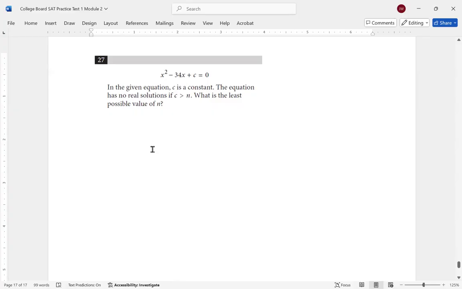Now, no real solutions. There's a number of ways we can do this. We can graph a parabola and then adjust the c until the vertex just touches the x-axis at one point. That's one option. But the option I'm going to use is to think of the quadratic formula as -b plus or minus the square root of b squared minus 4ac all over 2a.